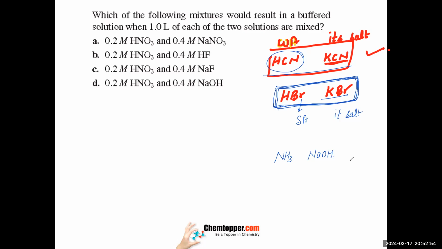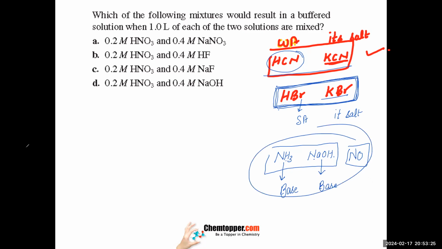Give me the reason why. Do you think they will react with each other? Should I do that reaction and check? What is ammonia? They will not react. No reaction because both of them are bases, and a base is not going to react with another base. So there is no question of buffer.